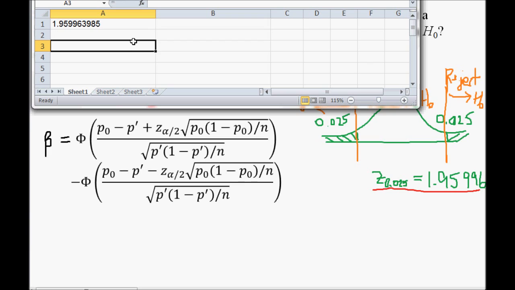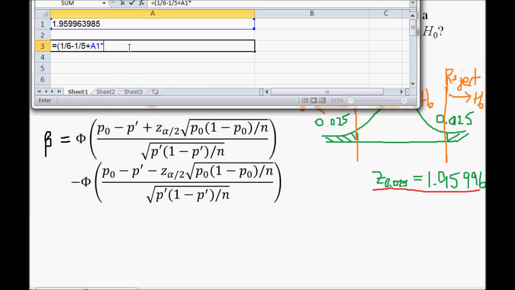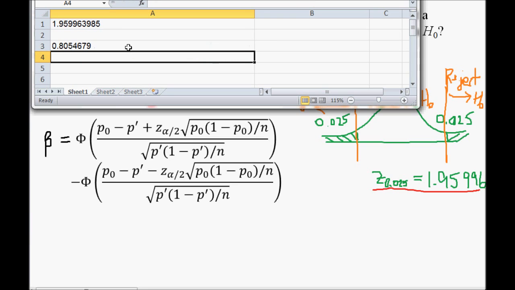And then the first argument, stretch this out nice and big, is equal to 1/6 minus 1/5 plus the z alpha we just got times the square root of 1/6 times 5/6 times 1 over n. So that's the numerator divided by the square root of 1/5 times 4/5 times 1 over 150. So that is the argument for the first part.